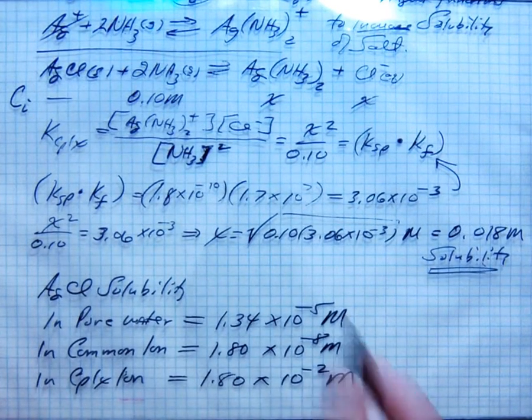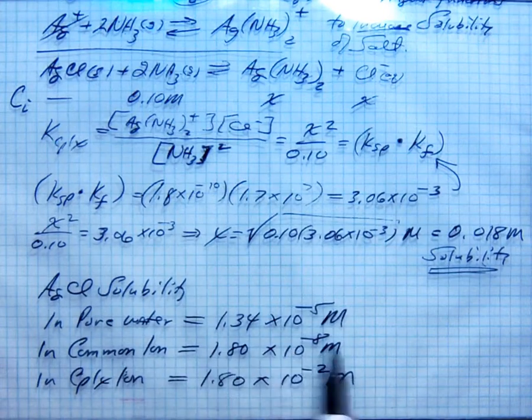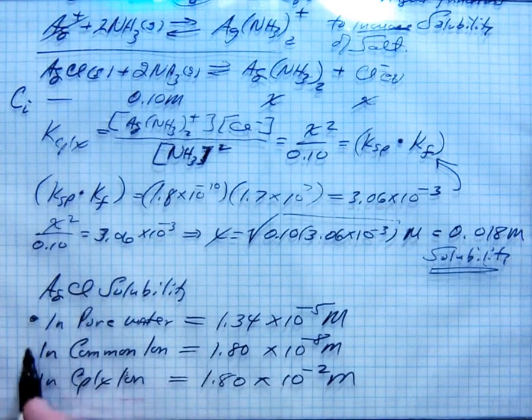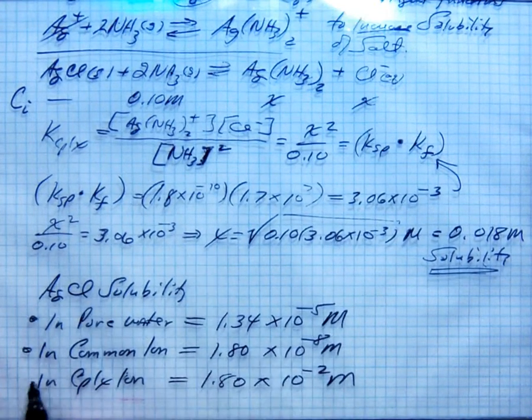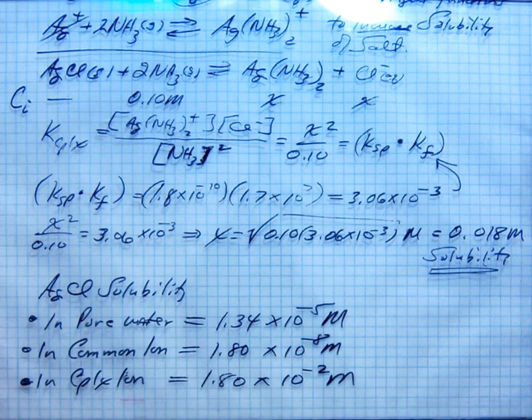So you can see the increase here with the complexing agent, the significant decrease with the common ion, and this is your reference standard. That's what it would be in pure water.